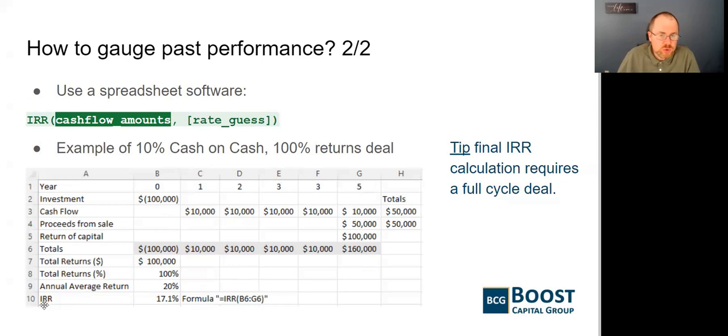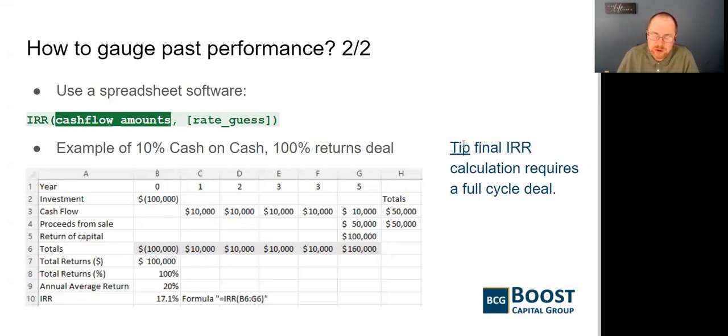Now, if you do the actual formula to obtain the IRR, which is 17.1%, you very simply type in cell B10 equals IRR, parenthesis, B6 colon G6, and close parenthesis, and you're done.